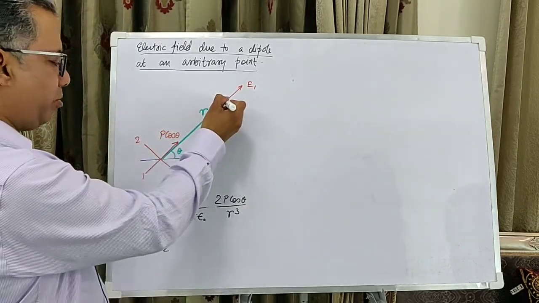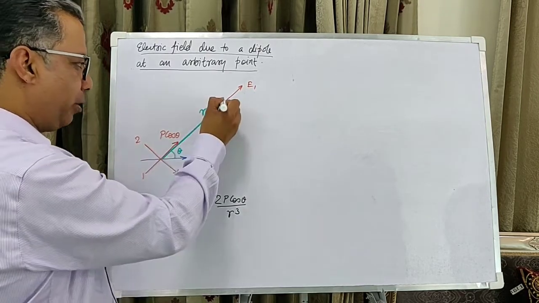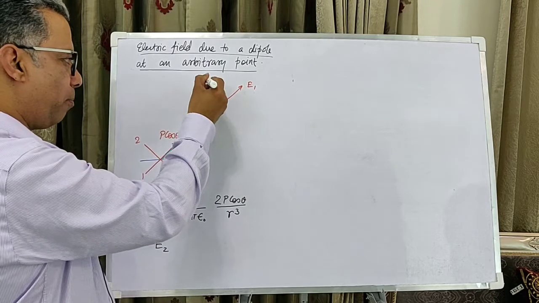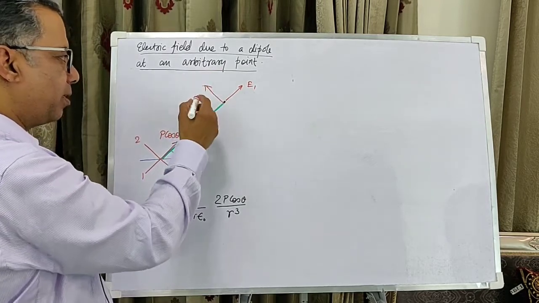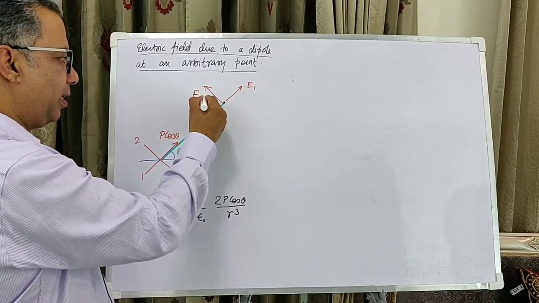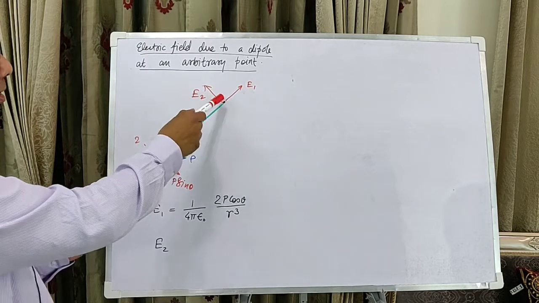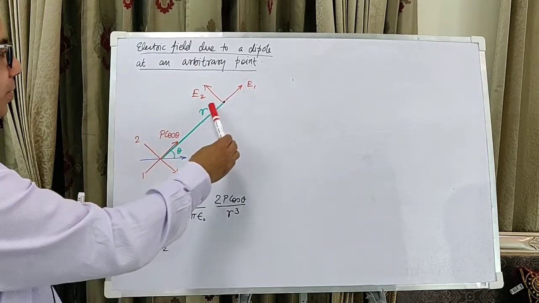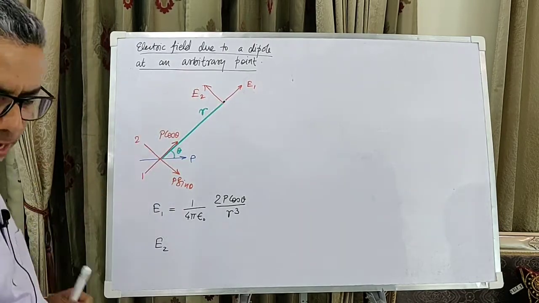Now on the equatorial line, the electric field is directed perpendicular to the equatorial line and opposite to the dipole moment. This here is E2. So E2 is perpendicular to this line and opposite to the dipole moment.